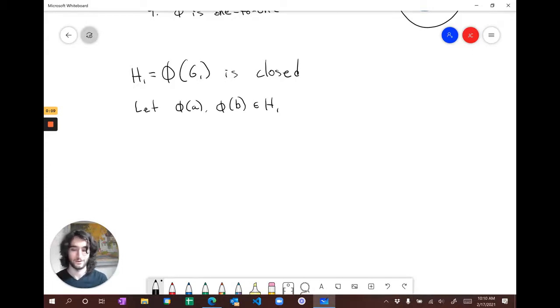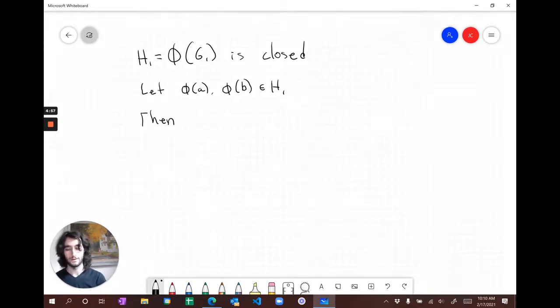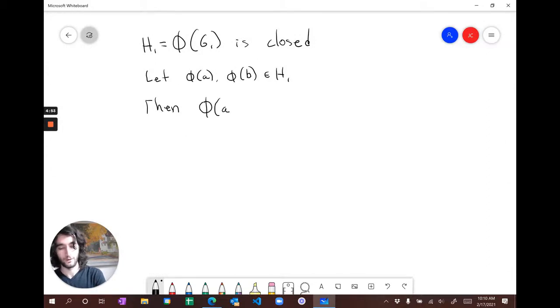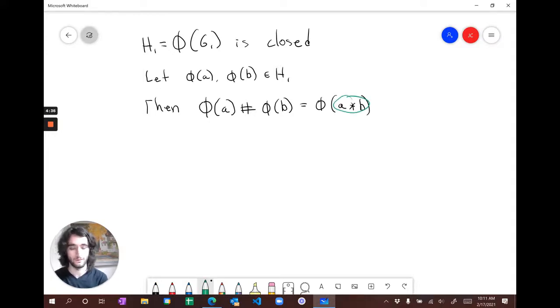Then what we want to figure out is the product of those. The product of these in H, fortunately, we already know that's the same as this in G. If phi of A and phi of B are in H1, then that means A and B were in G1.